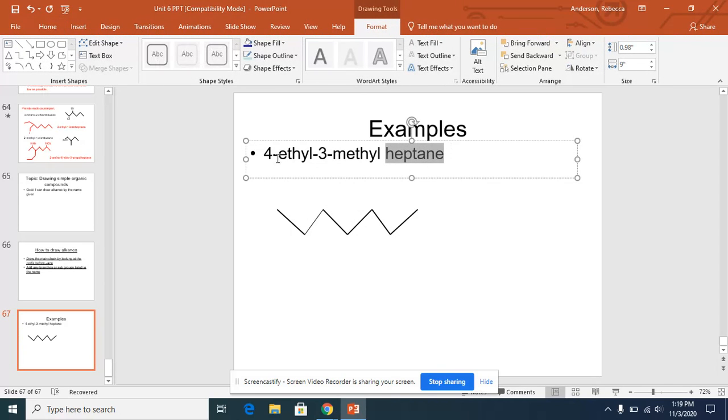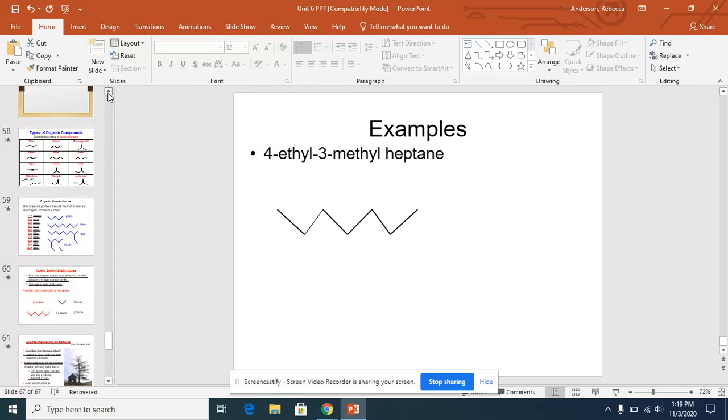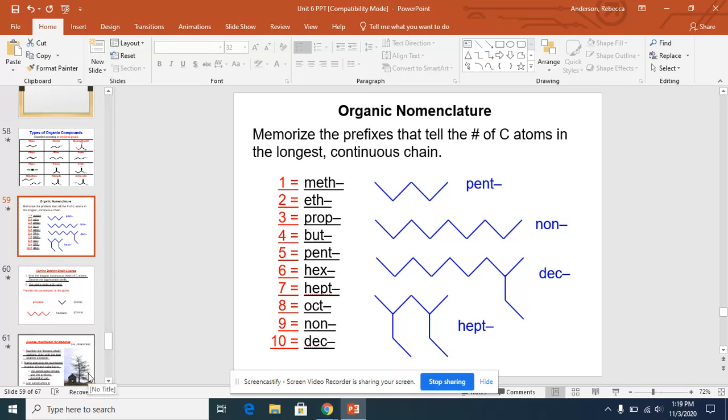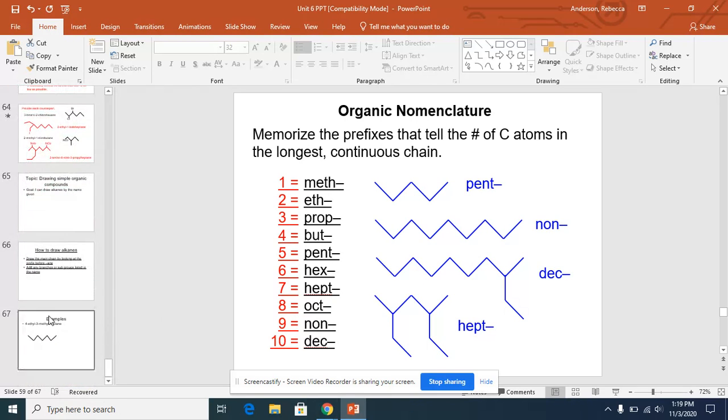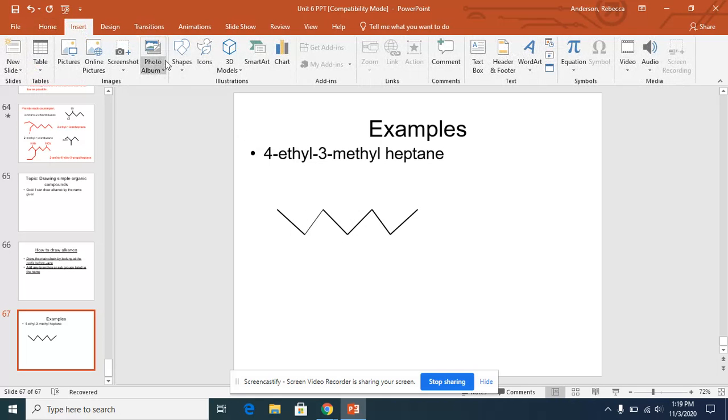So now we need to do the chains. So at 4 we have an ethyl. If we look at our prefixes, ethyl means 2 carbons. Okay, so at 4 we need an ethyl. So 1, 2, 3, 4.